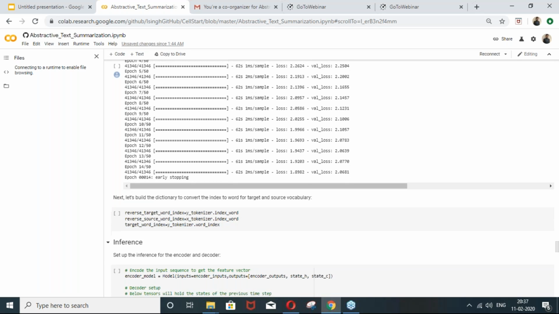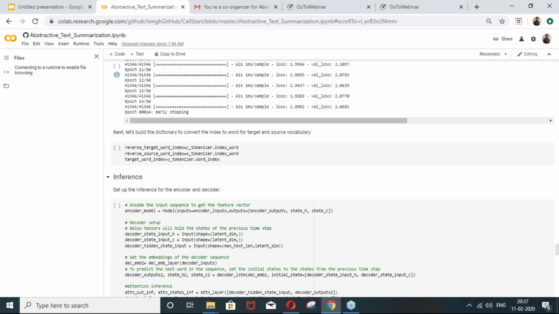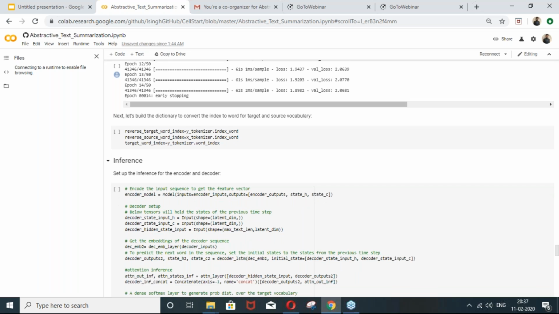So what next? We have to build the dictionary again, that is the coding part. We have to get the source vocabulary from the index of the word. Here we are building the encoder and decoder parts. The encoder and decoder part converts text into matrix form, that is, we have embedded it, so again we have to decode it to get the output.